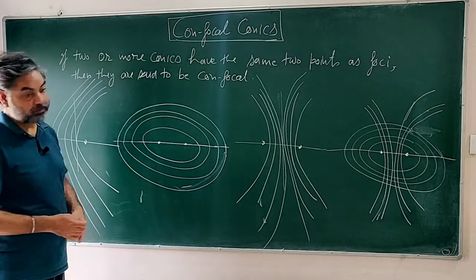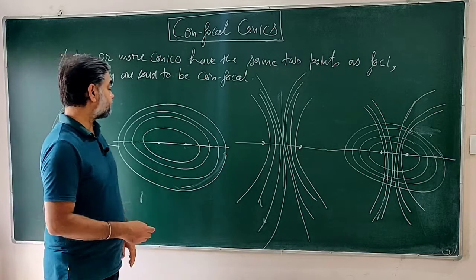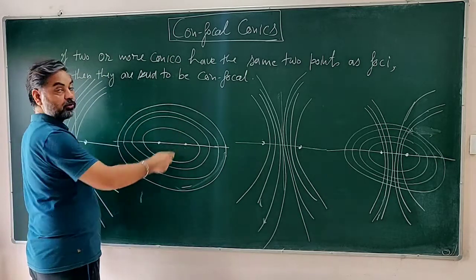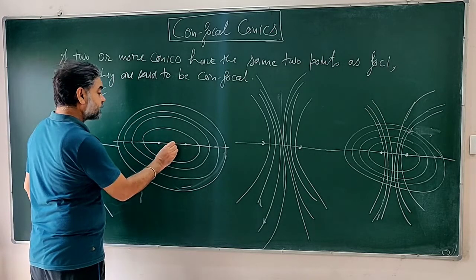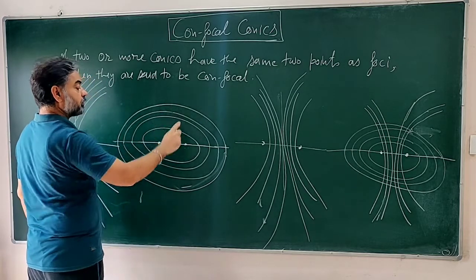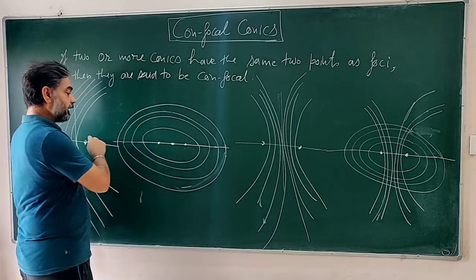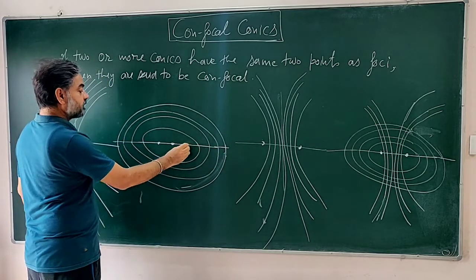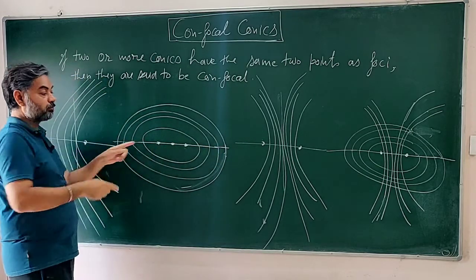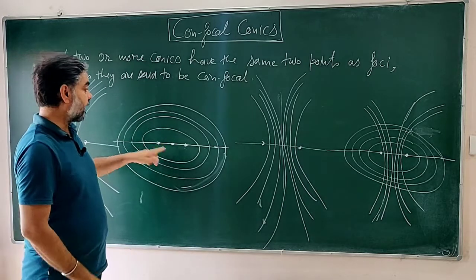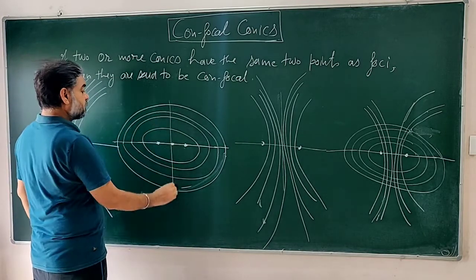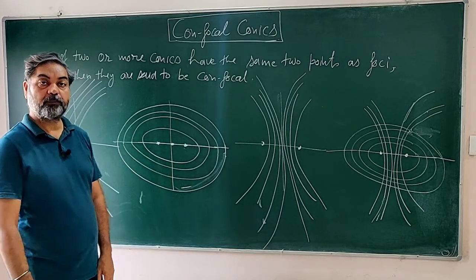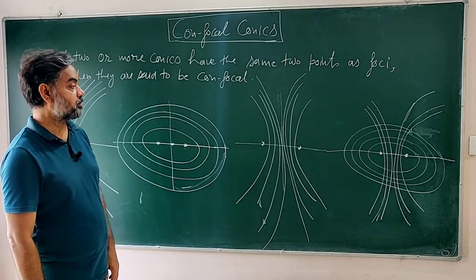Obviously, since the foci of a system of confocal conics are the same, their center is also common. The center of all these ellipses would be the same point, and the axis is the line which is the join of the foci. So the axis of all these ellipses is also the same. The major axis and minor axis of all these confocal ellipses would be the same.